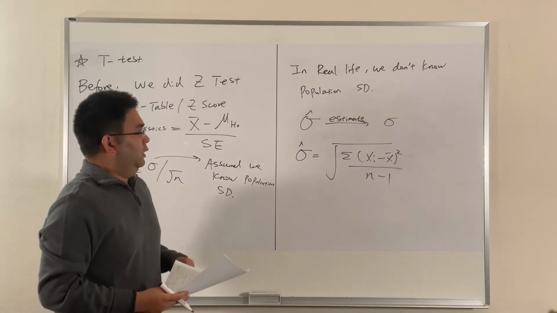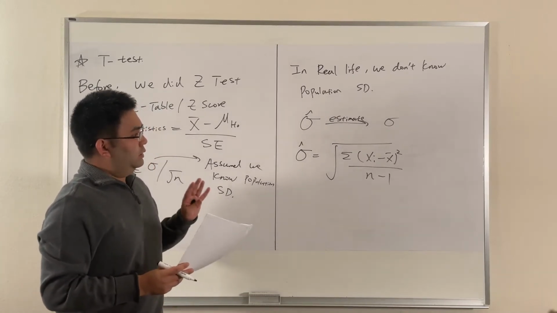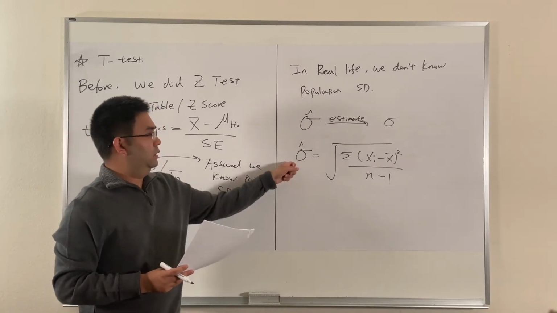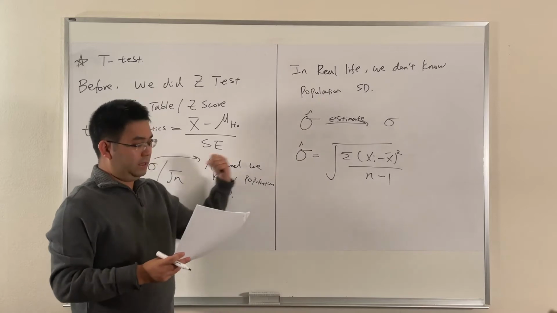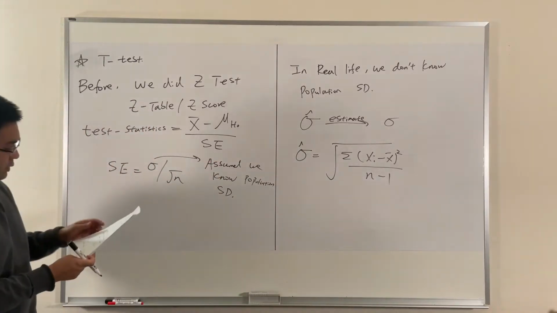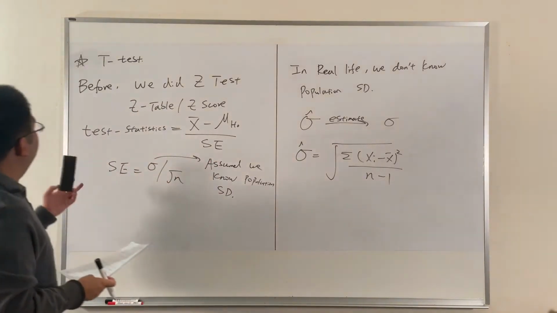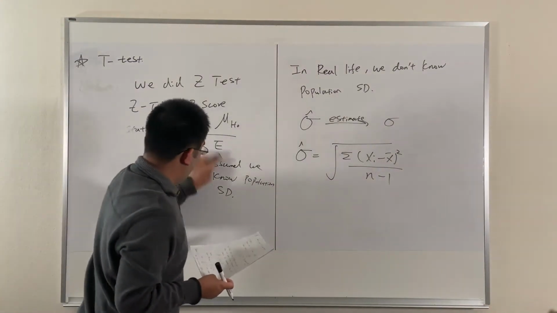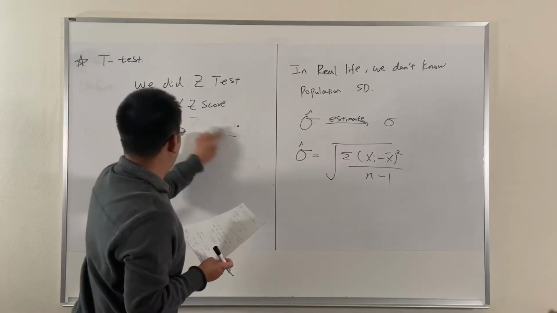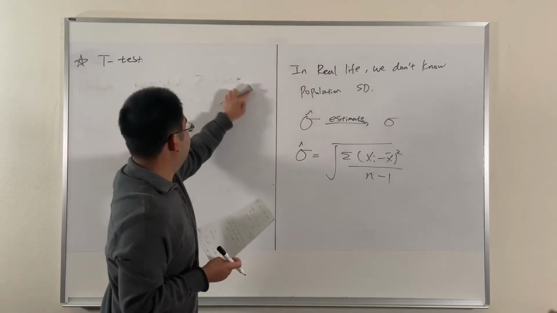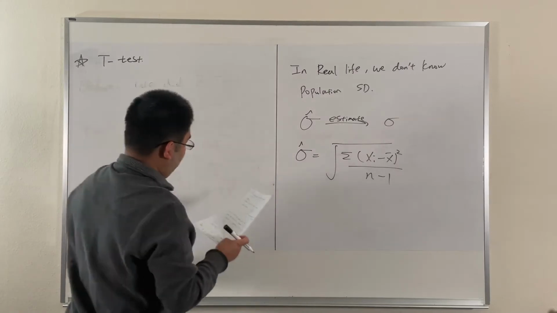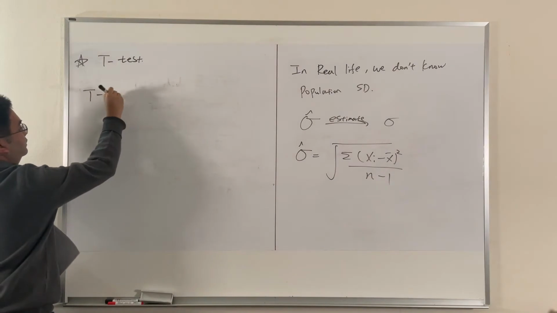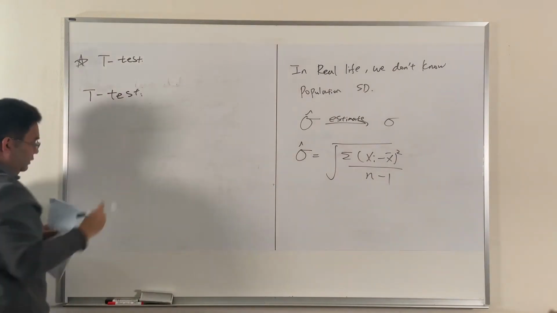Next is how we use this estimated standard deviation and plug it back into the formula. Since we now estimate our population standard deviation using the sample version, what we have is the t-test.